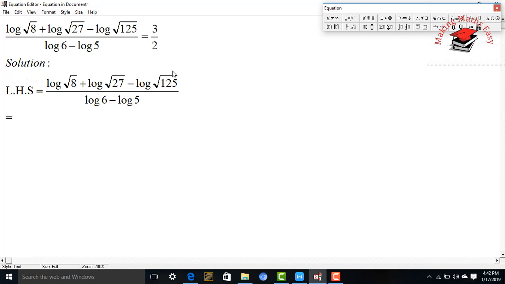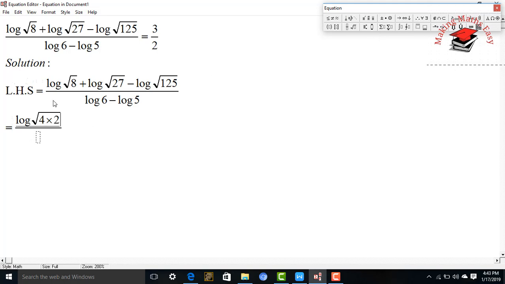So what is log of square root of 8? First we will choose the divide operator here. Log of square root of 8 can be split into two terms, written as log of square root of 4 multiplied by 2.